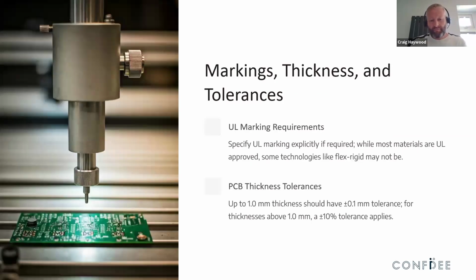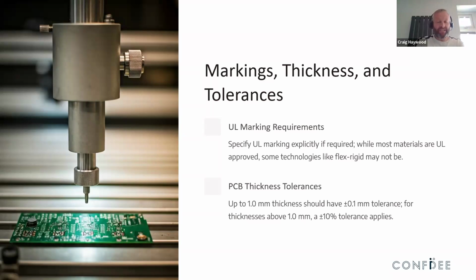UL markings. We see a lot of inquiries recently asking for UL markings and using UL approved materials, but the markings are not always compliant with the material or the technology type. In particular, flex rigids have to be qualified for UL, and every single stack up will have to go through some UL qualification.